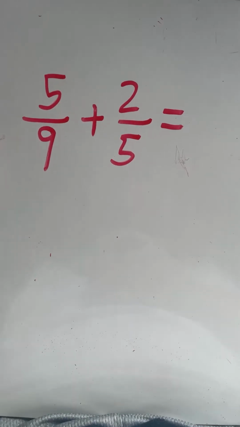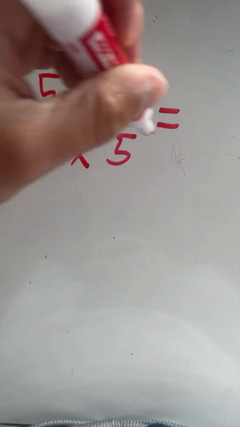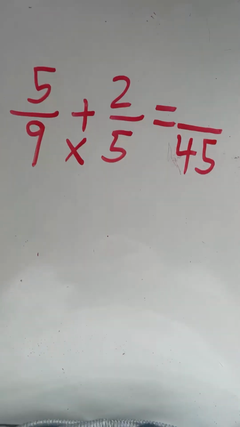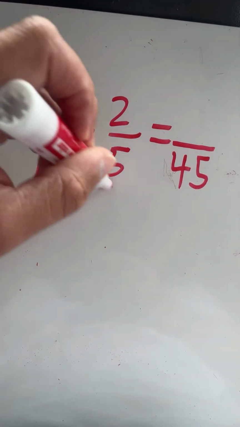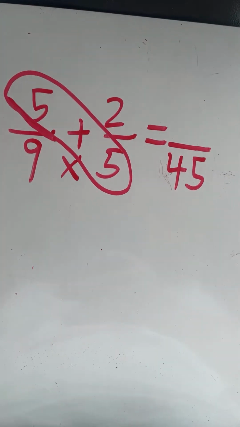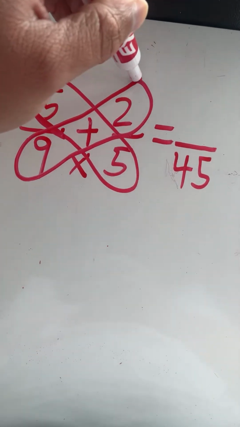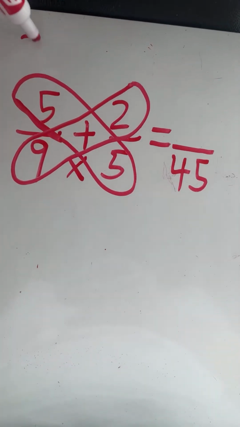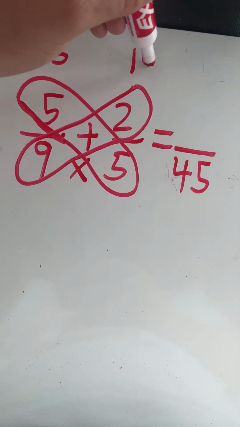So, to find a common denominator, we multiply our two separate denominators. 9 times 5 equals 45. Next, we multiply each numerator times the opposite denominator. 5 times 5 equals 25. 9 times 2 equals 18.